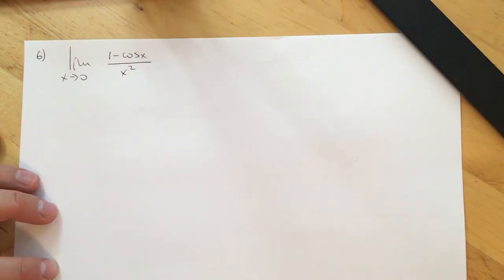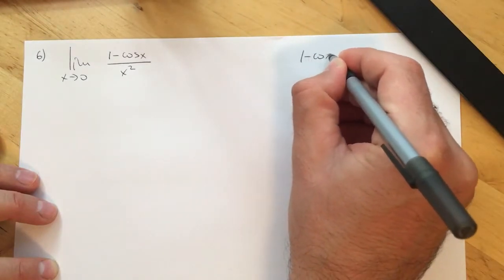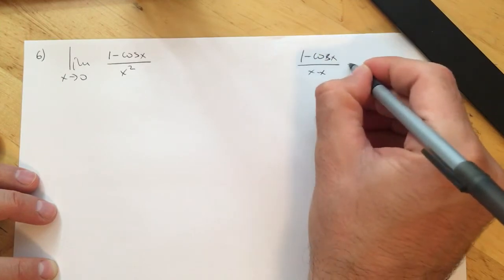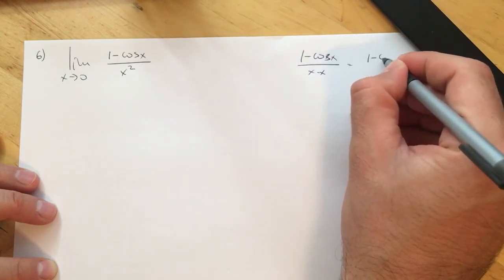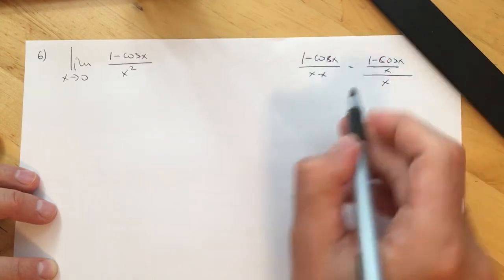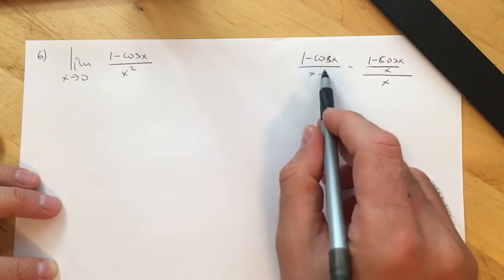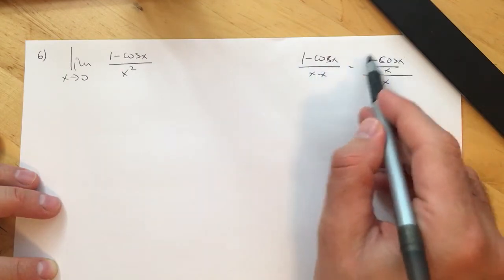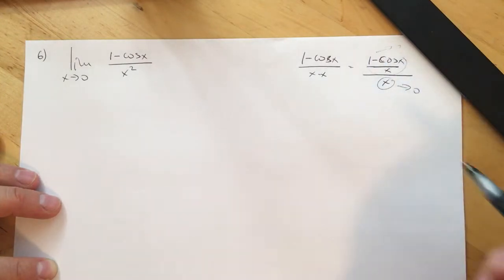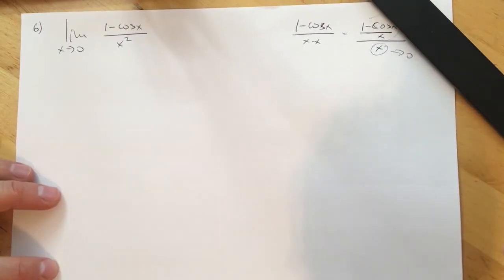Now be careful how you're going to think about this problem, because if you think in these terms, 1 minus cosine of x over x times x is equal to 1 minus cosine of x over x, these are the same. This is an identical expression, right? So this approaches 0 and this approaches 0. So again, I have 0 over 0, which means that I have to do something different, okay?